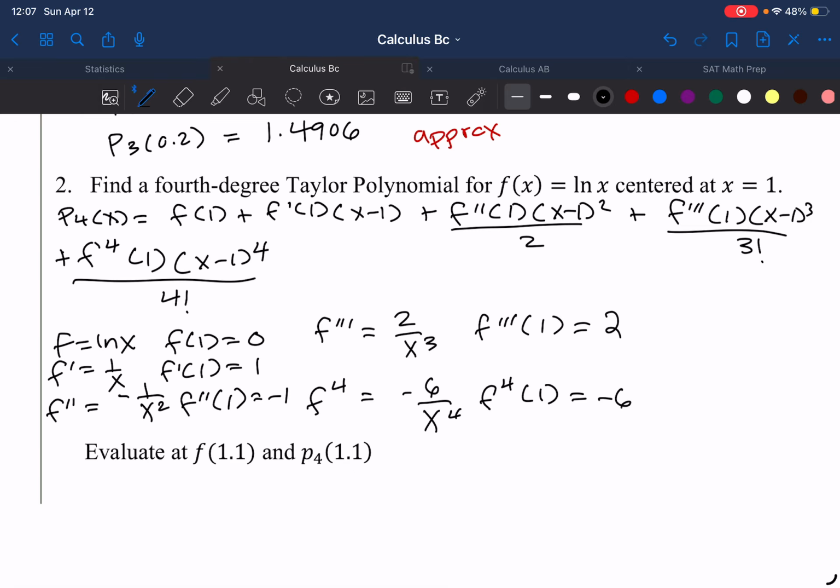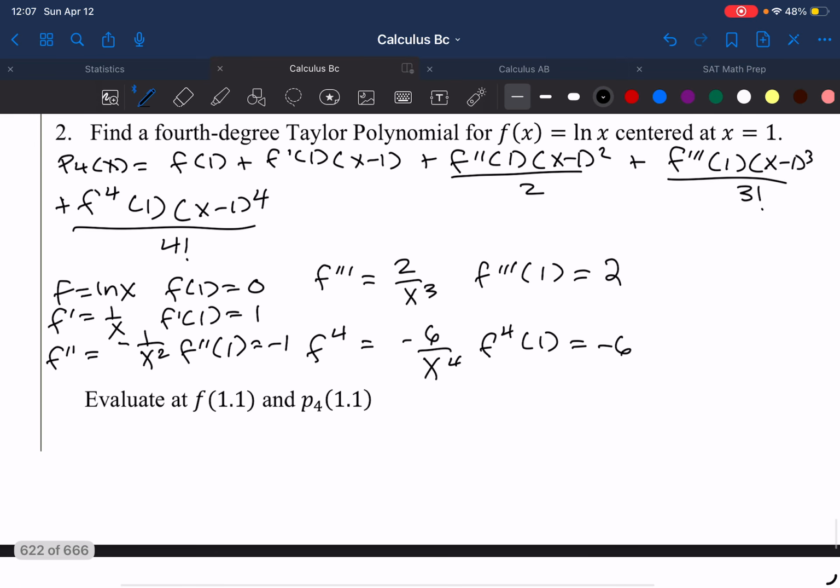Okay, and so once we have that set up, we can write our answer. I'm going to have to move into the next space because I'm running out of room.